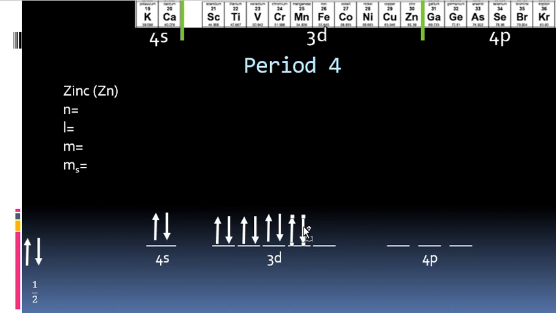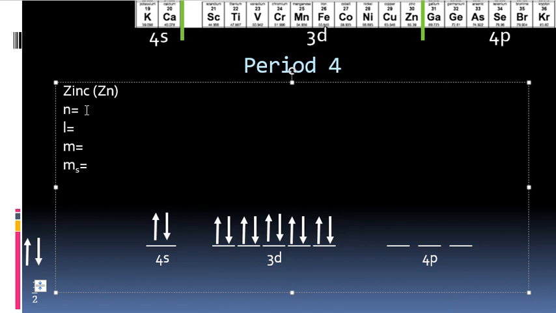Now, to describe that final electron, which is all the way to the right, in the rightmost subshell and pointed downwards, we would describe its 4 quantum numbers as follows. For a d element, the principal quantum number is 1 less than the period number, in this case 3.